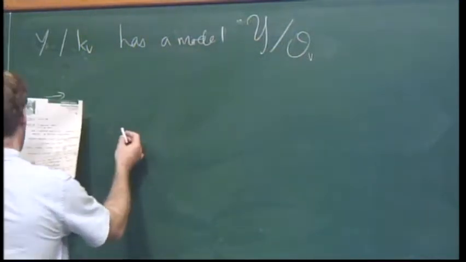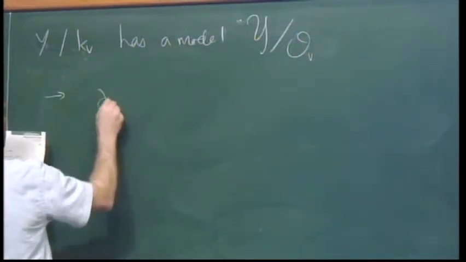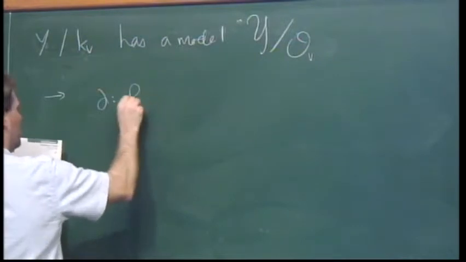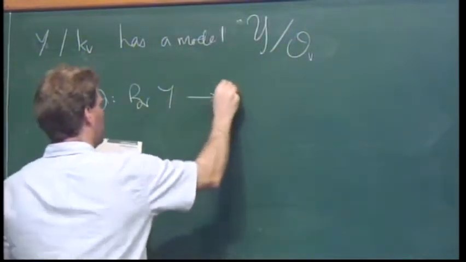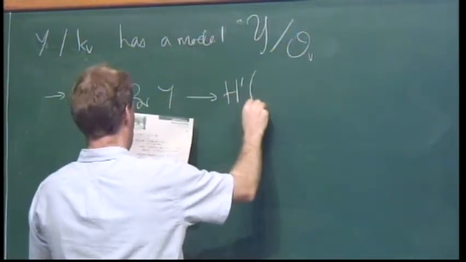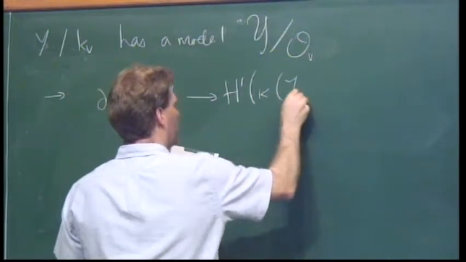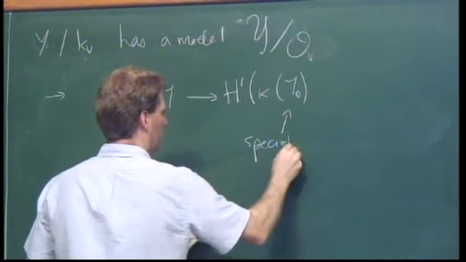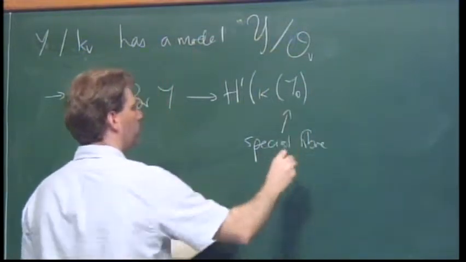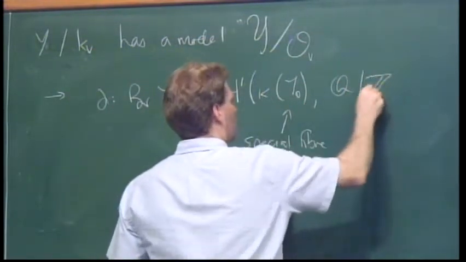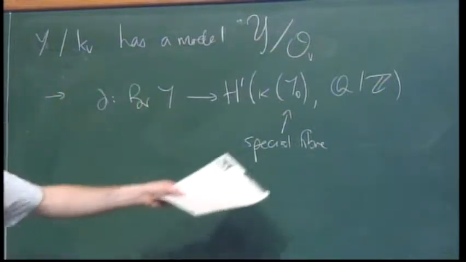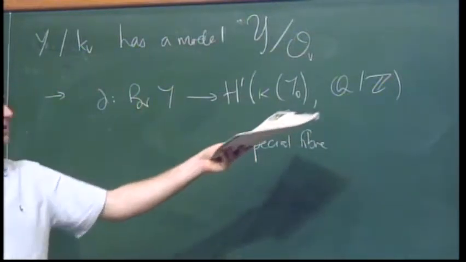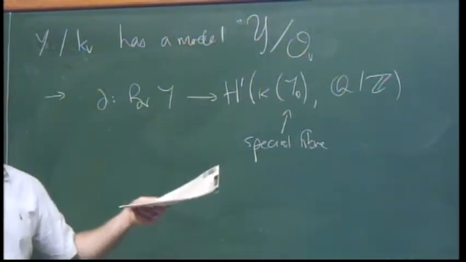And what do you get from that? You get the map from the Brauer group of Y to H^1 of the function field of what I'll call Y_0, the special fiber, Q mod z, where this doesn't really mean Q mod z because bad things happen at p, where p is the characteristic of the residue field.